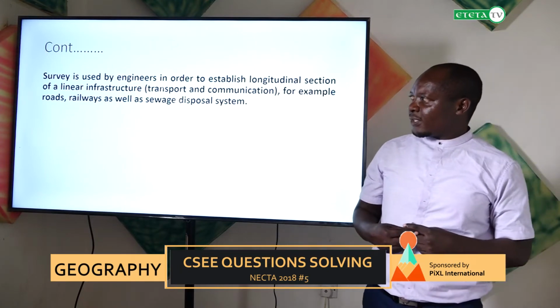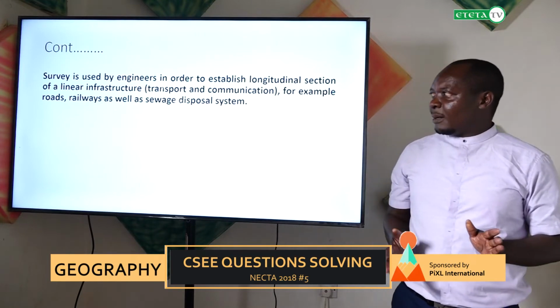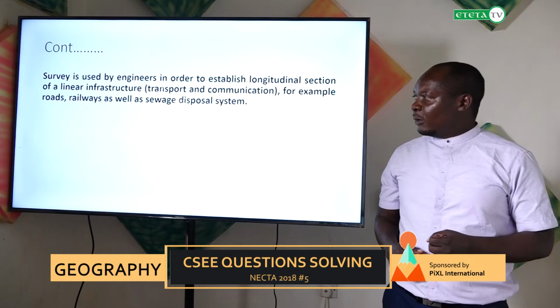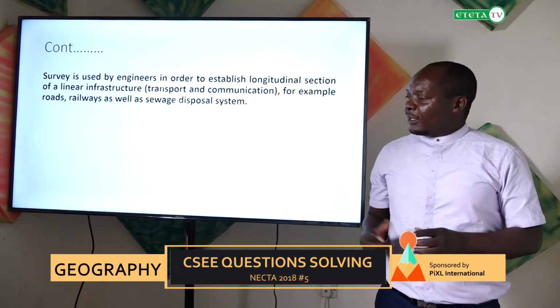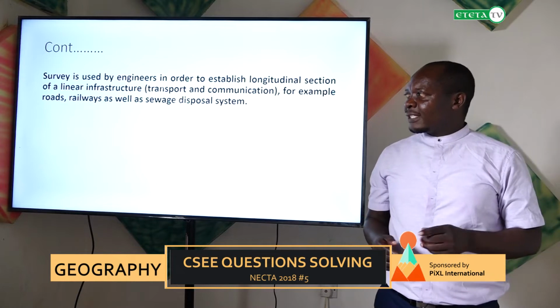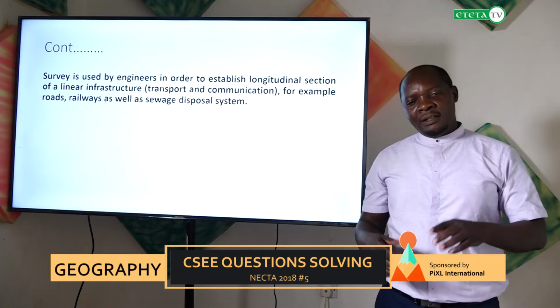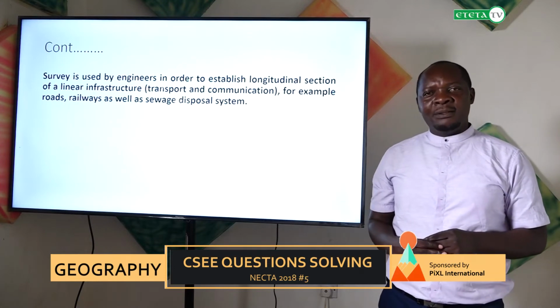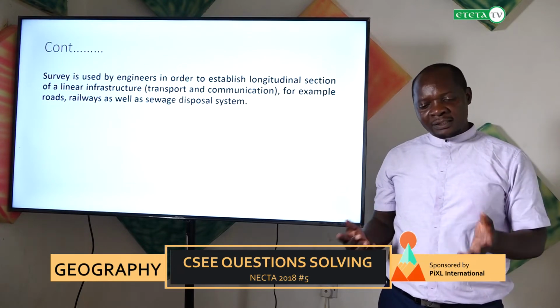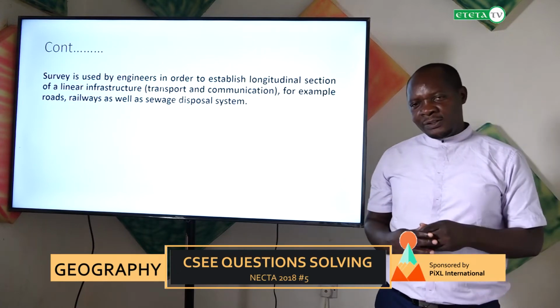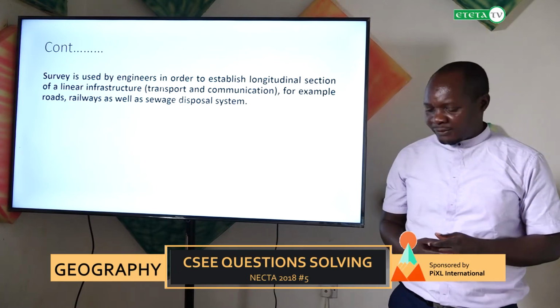Such linear infrastructure can be, for example, transport and communication systems like a road or a railway line, or it can also be the construction of various sewage disposal systems in a given area. All these need survey. Just before being constructed, survey has to take place in order to establish these infrastructures.